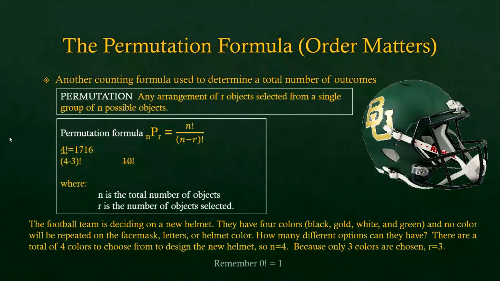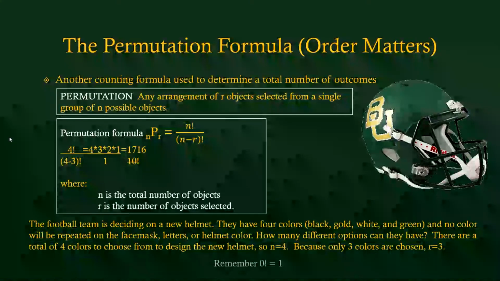So what's 4 minus 3? That's going to be 1. So we've got 4 times 3 times 2 times 1 divided by 1. And what does that equal? I've got to get rid of this. Sorry. Control.